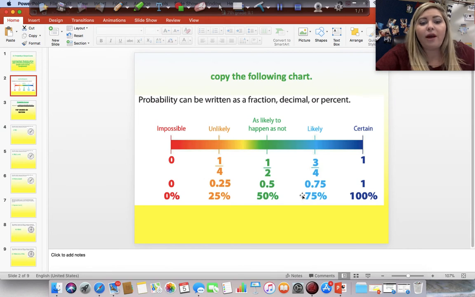And then, of course, you have the in-betweens. 0.25, or 25%, 1/4, that's unlikely. It may not happen. Or you've got 3/4, 75% chance that it is going to happen. So here's your chart. Write it down. Copy it down.